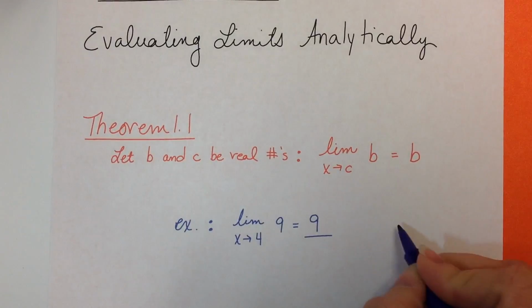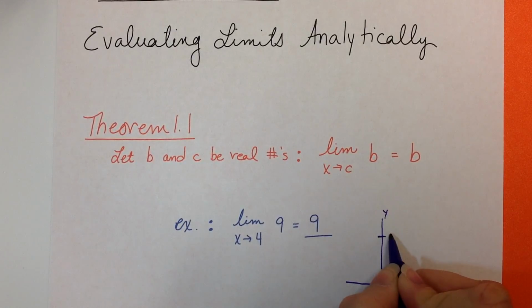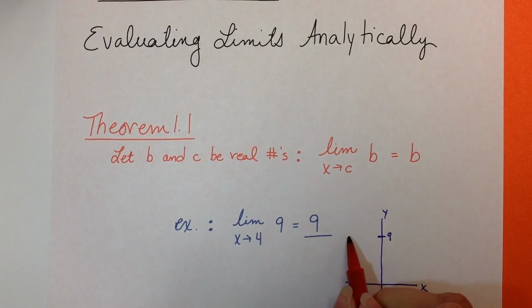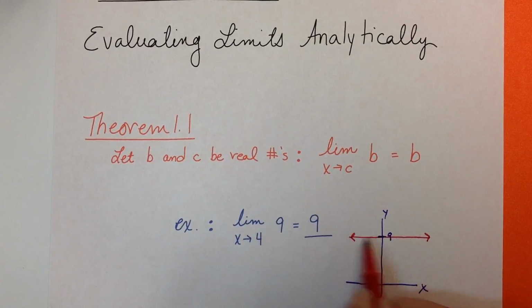So I'll just do a rough sketch here real quick. If you were to graph the function, of course this being your x-axis, this being your y-axis, up here somewhere would be your value of 9. So if you were to graph this horizontal line, now you're looking at this as x approaches 4, so 4 would be along here somewhere.